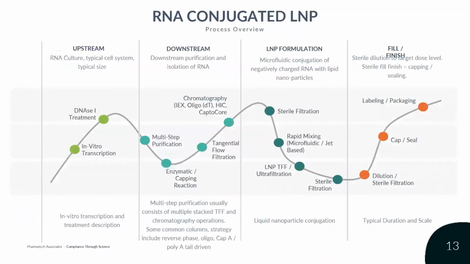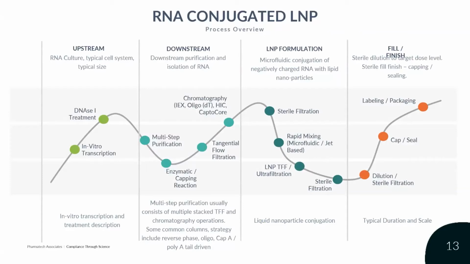And then for the RNA conjugated LNPs, it's a similar process. Really, your upstream processes are going to consist of some kind of culture, usually some sort of cell system that is human embryonic kidney related, or whatever really works to develop your gene of interest or your RNA or DNA code that needs to be delivered.